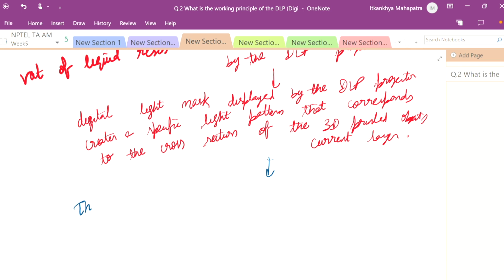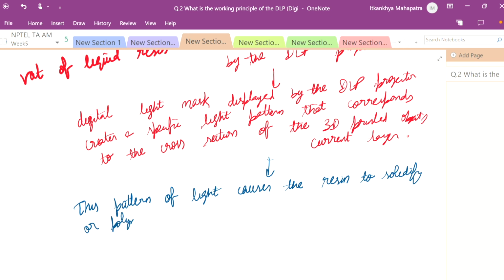This pattern of light causes the resin to solidify or polymerize, forming the layer of the object.